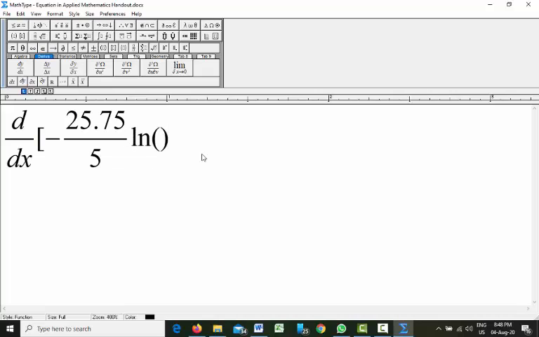bracket 2x power 5 plus we have 3x power 5, power minus 5.